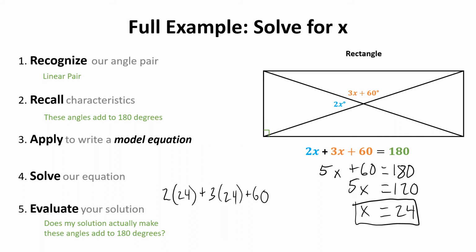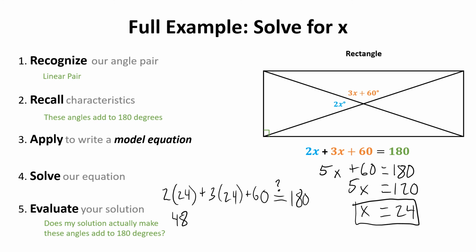We're putting in the 24 for each of those x's. And we want to see if that expression equals 180 degrees. You'll notice I have a question mark above the equal sign. That's because I don't yet know if my expression equals 180. We're investigating to see if our expression equals 180, and therefore 24 really was our correct answer.